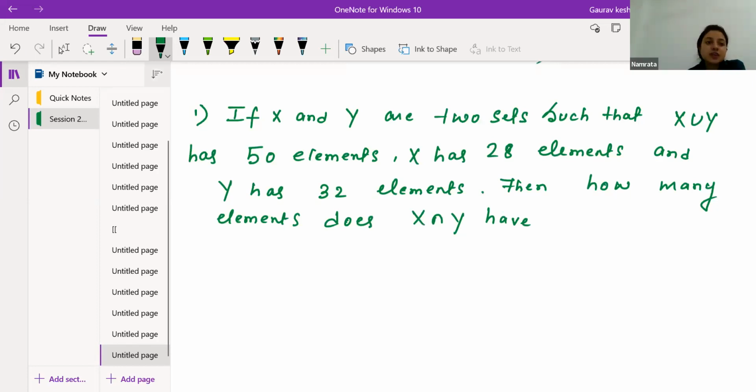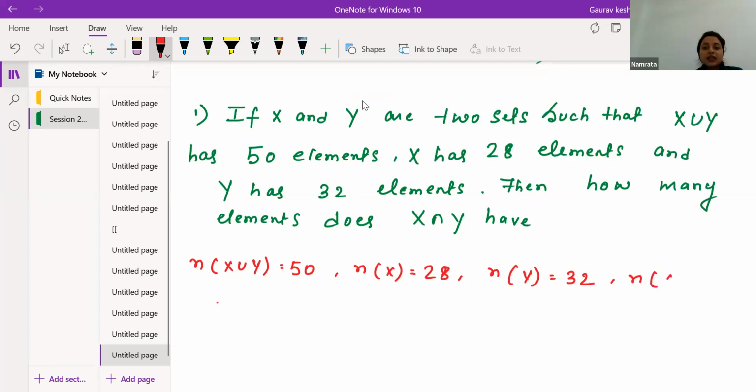Let's do it. So here the question is saying that the number of elements in X union Y is already given, that is 50, right Lina? Yes. The number of elements in X is also given as 28. The number of elements in Y is also given as 32. Then we have to find the number of elements in X intersection Y, right? Yes. So we will be applying the previous formula. What does the formula say, can you tell me?